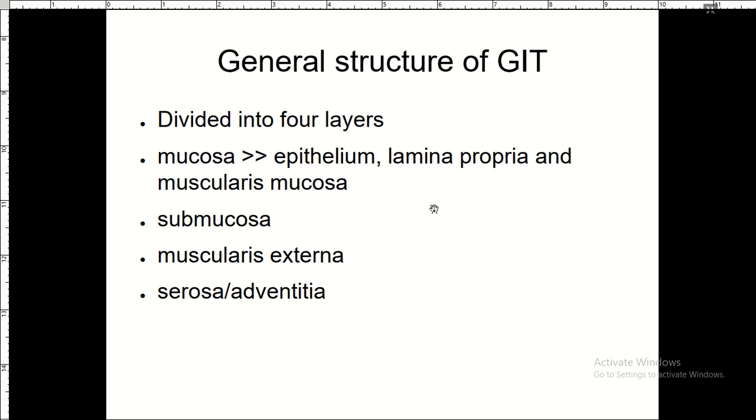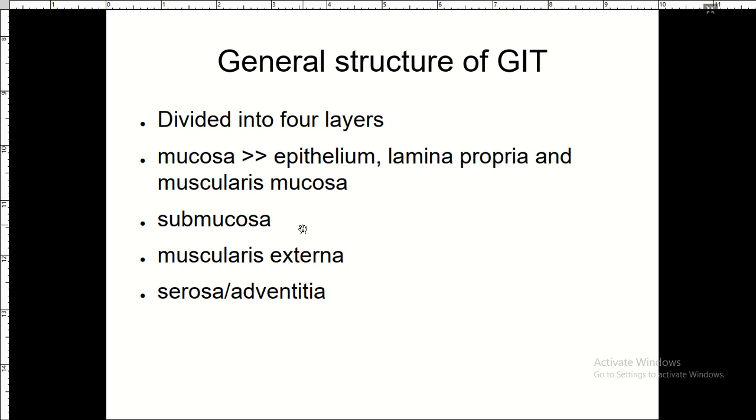The mucosa is a layer that is classified into three. You have your epithelium. Now, your epithelium is endodermal in origin, and it is different depending on the functionality of the part of the GIT.